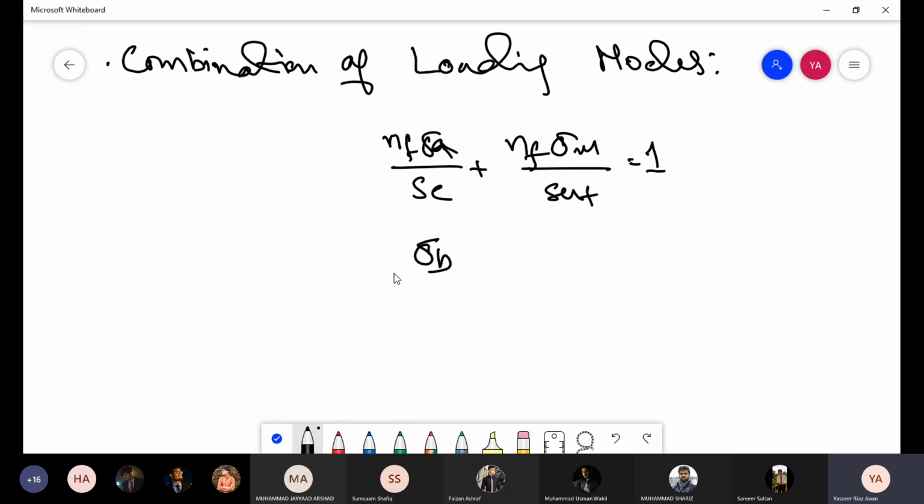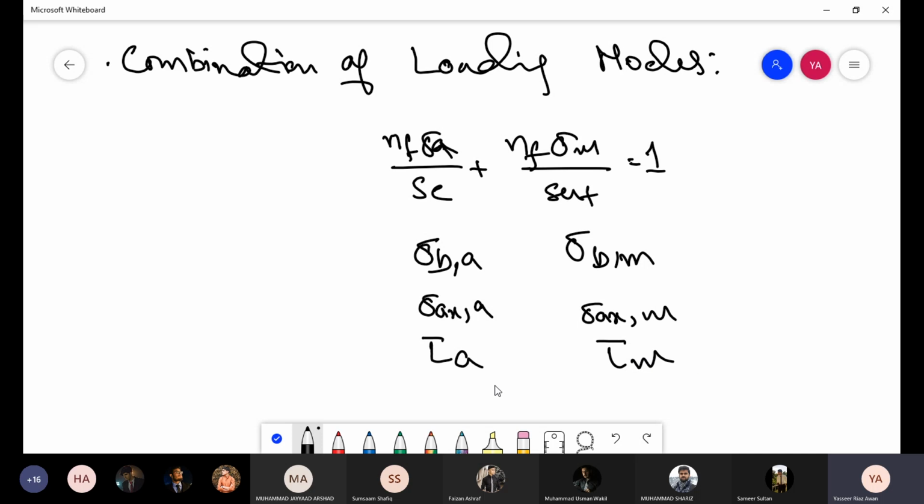You have some bending stress which has an alternating component. We have an axial stress which has an alternating component, and we also have shear stress with an alternating component. And these stresses, bending stress also has a mean component, axial stress also has a mean component, and shear stress also has a mean component.